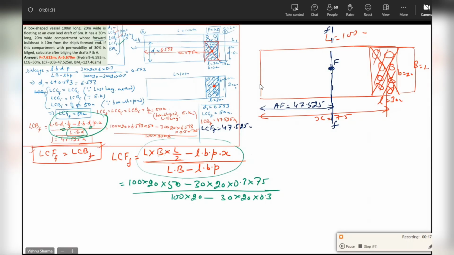Now, guys, I'll do it here in this part of the sheet on the left corner. Do you agree with the formula for BML with reference to my diagram? IFF of the intact water plane upon volume of displacement. If you agree with this formula, then I'll go. Otherwise, you can flip your pages back and satisfy yourself.